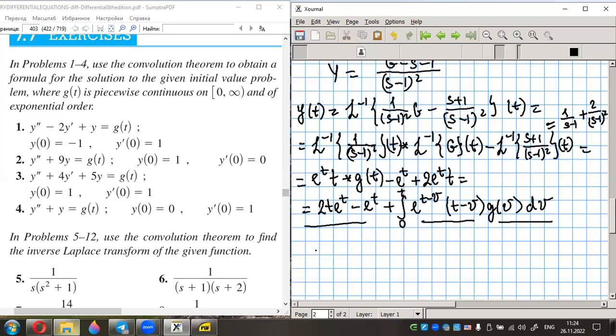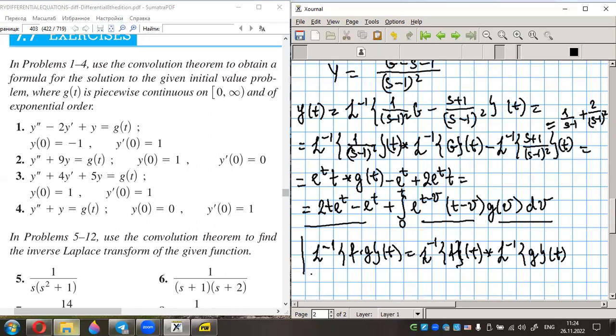If you have L minus 1 of F times G at point t, you can write L minus 1 of F at t convolution with g at t. I use this formula, and this is a corollary from the convolution theorem.